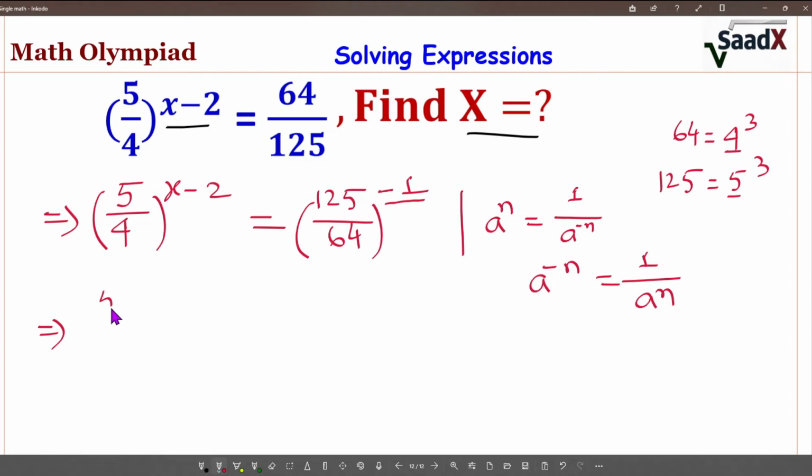So this is (5 by 4) to the power x minus 2 equals (5 cube by 4 cube) to the power minus 1.